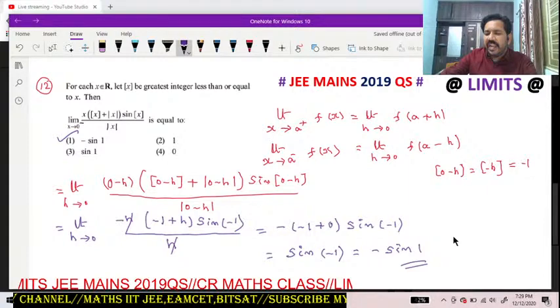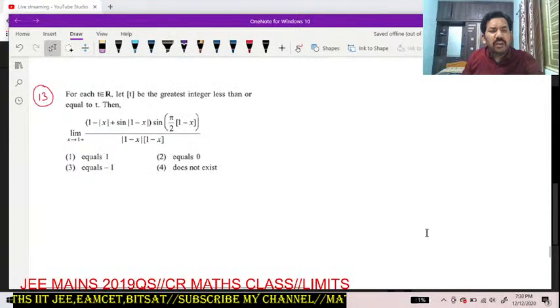Okay. Now I am going to another question, that is the 13th question. See the 13th question. This is also the same model. Limit x tends to 0, 1 plus 0. Same model, so directly I am writing limit h tends to 0.